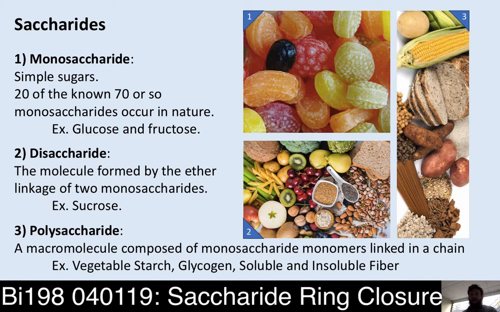Sucrose is table sugar, a disaccharide. We'll see what that looks like. In fact, it combines glucose and fructose into a single molecule. There are a lot of different types of disaccharides, and you'll find them in a lot of the fruits and vegetables and nuts and grains that are out there.